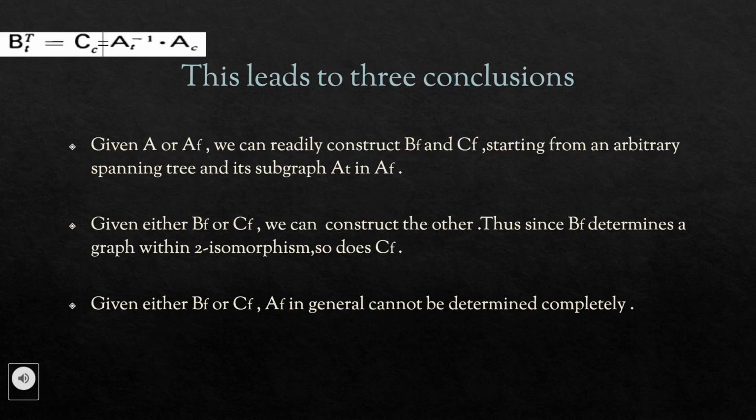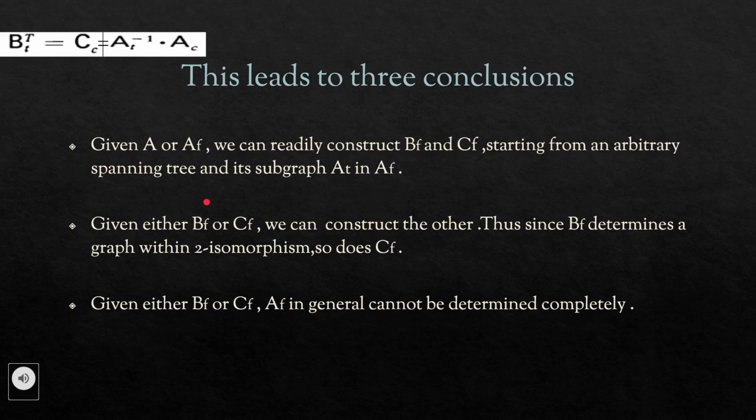As we know, the equation for CF is Cc dot I_(n-1), so it is easy to construct CF. In the same way, if we have CF, we know the value of Cc, and substituting here we get the value of Bt transpose, and thereby we can find BF. The equation for BF is Bt dot I_mu.